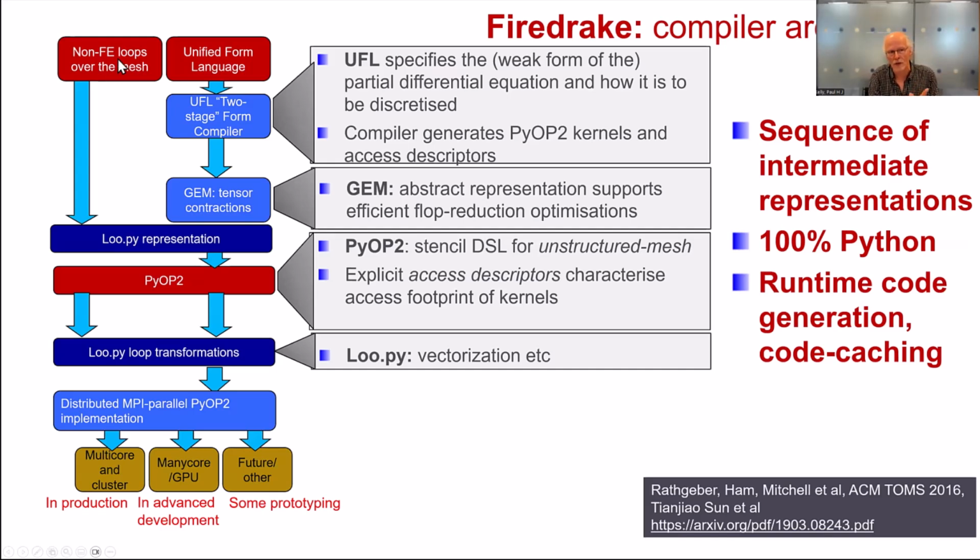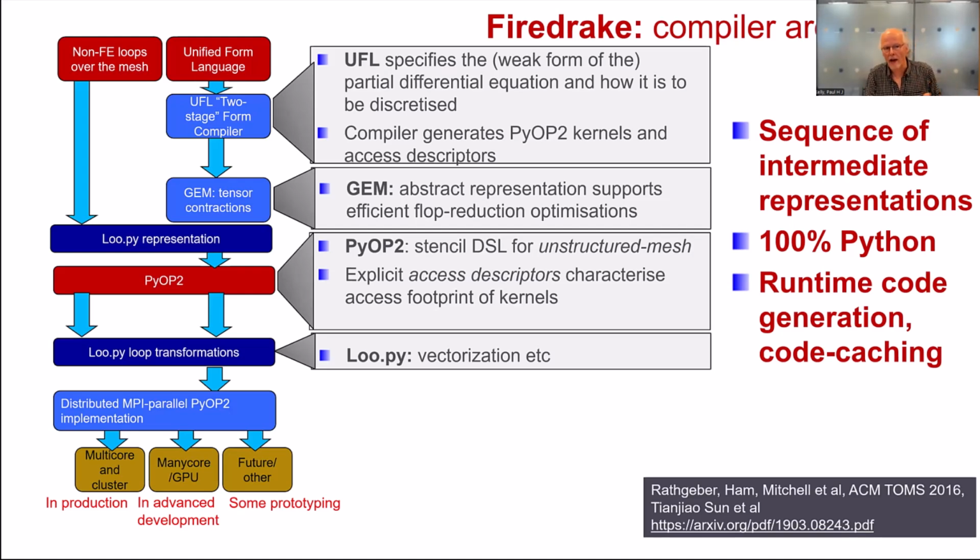And we've had users who've done things that couldn't be done in UFL, prototyped them, shown how they're useful, and then we've automated them and adopted them into UFL. The first step of this compilation process is to produce this intermediate representation. It's a tensor contraction, an Einstein notation representation for what happens when we visit an element of the mesh.